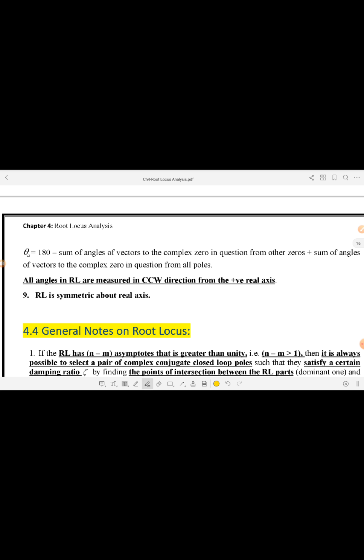Similarly, if we describe the angle of arrival, what's theta A? Theta A is 180 minus the sum of angles of all vectors to the complex zero in question from other zeros, because we are calculating it at one of the zeros, plus the sum of all vectors to the complex zero in question from all, not other, all poles.